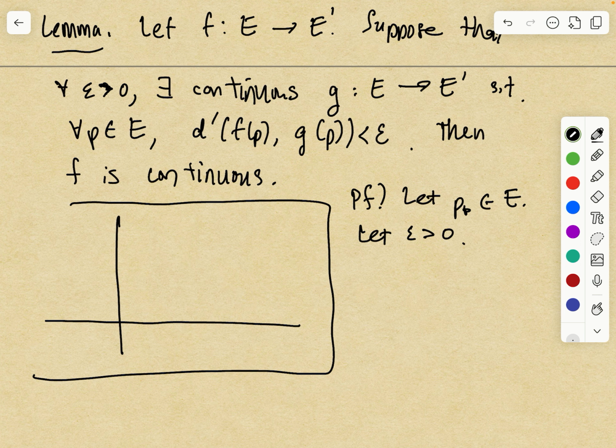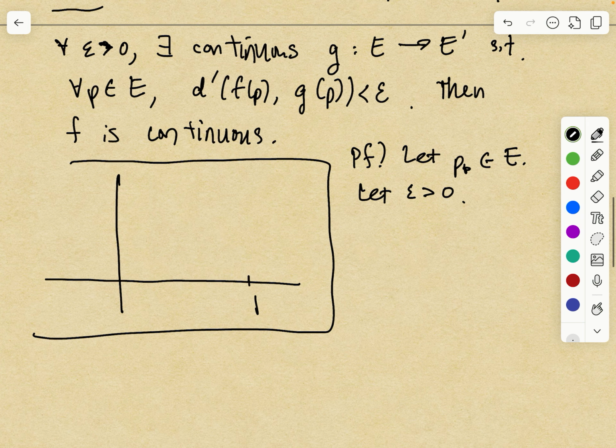So we want to show that there is a delta such that if p is in E and the distance between p and p naught is less than delta, then the distance between f of p and f of p naught is less than epsilon, right? So we have a p naught in E. Okay, so here's our E. Our E is R, and then our E prime is also R in this picture. Well, we have this function g, which is continuous. So we know that there is a delta.